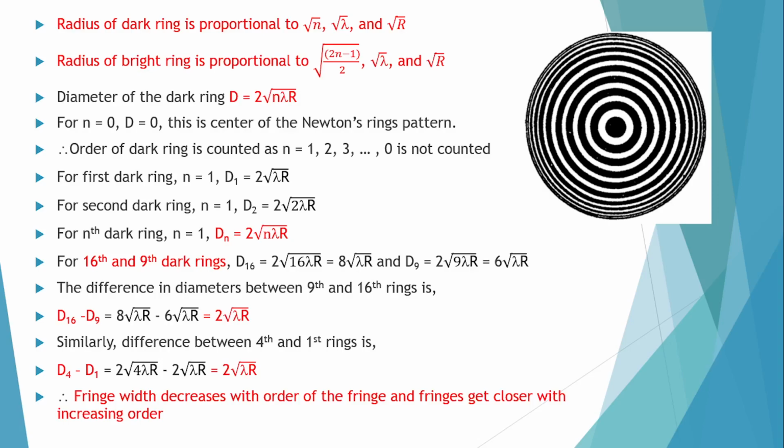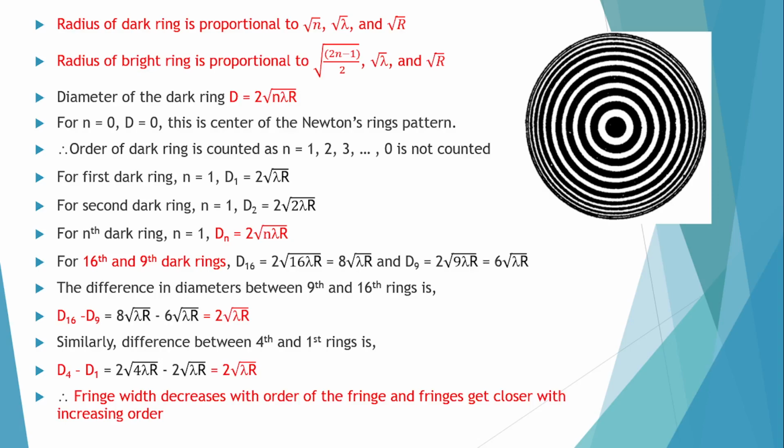From this, it is observed that from the 9th to 16th order, there will be 7 rings, and they are accommodated in the thickness of 2 under root lambda r.